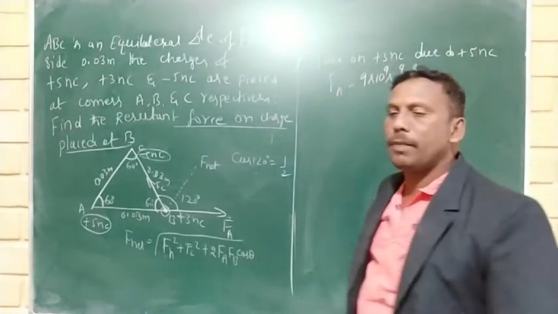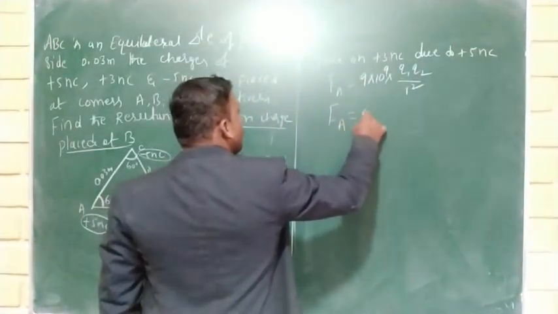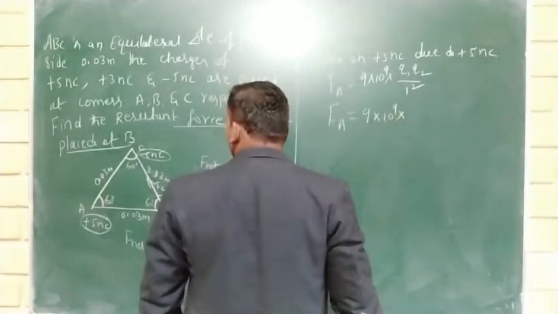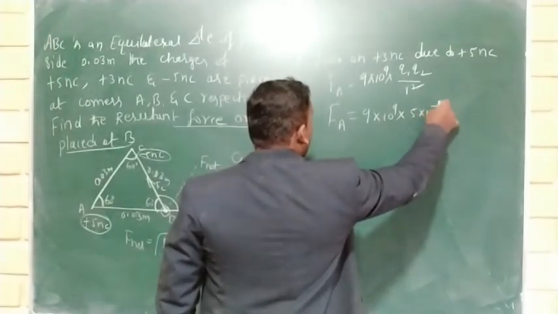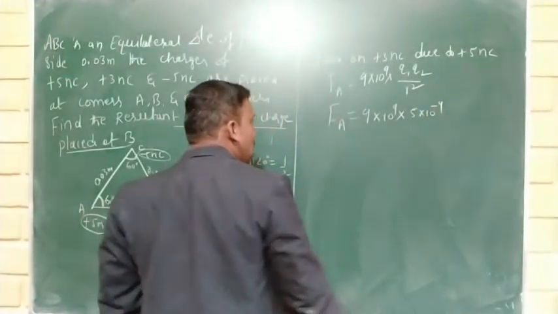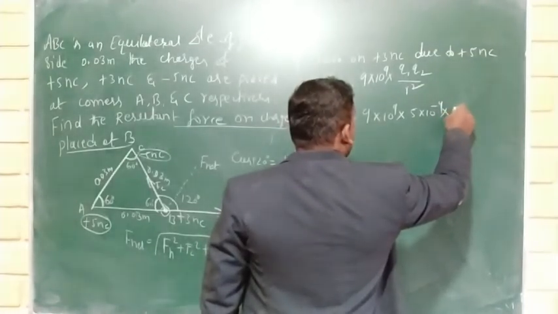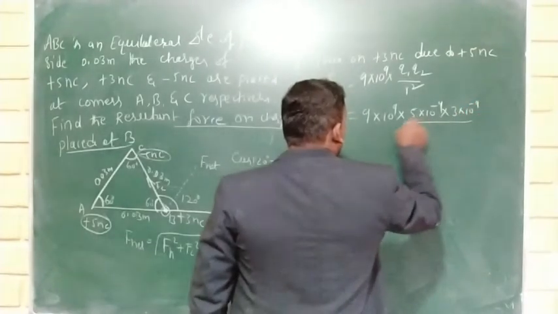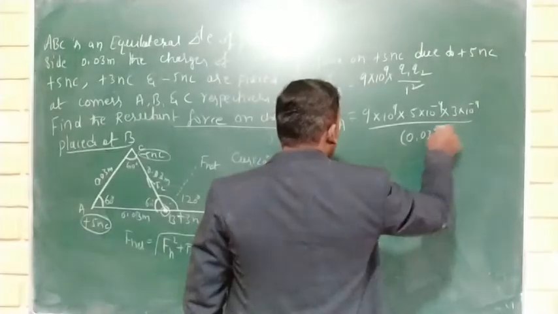Q1 is 5 nanocoulomb, that is 5 into 10 to the power of minus 9, nano meaning minus 9, and Q2 is plus 3 nanocoulomb, 3 into 10 to the power of minus 9, divided by the separation 0.03 whole square.